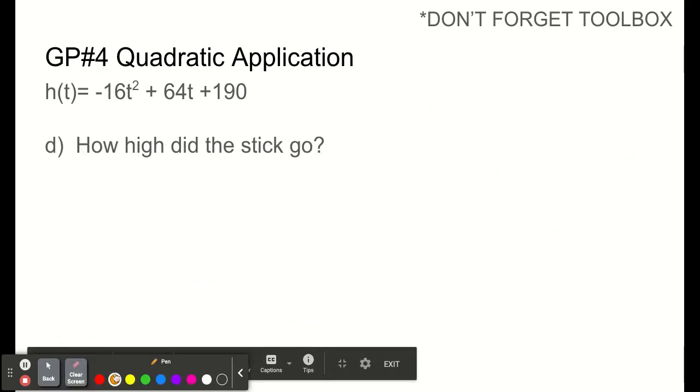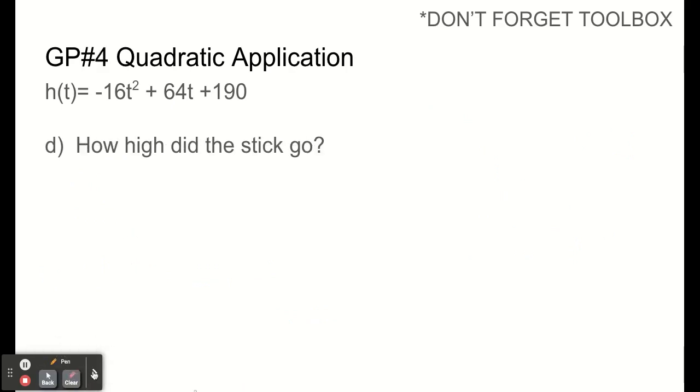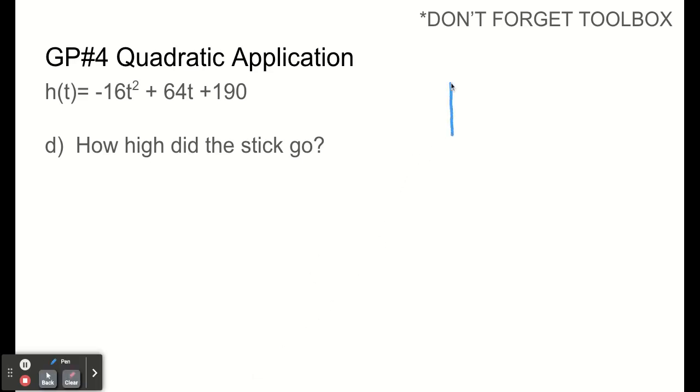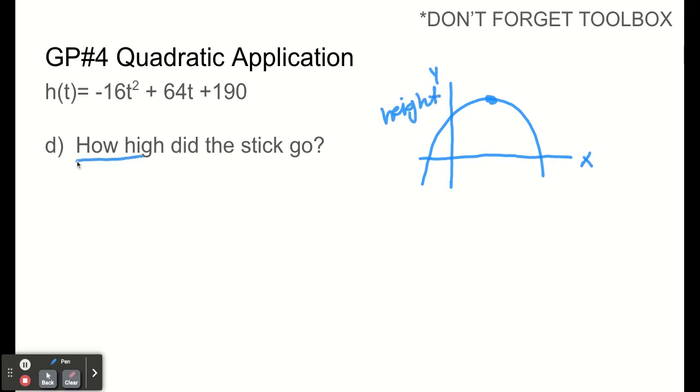How high did the stick go? So once again, I want to go back to my picture, my sketch. How high did the stick go? That's our height. That's a y value. And that's going to be our maximum height.